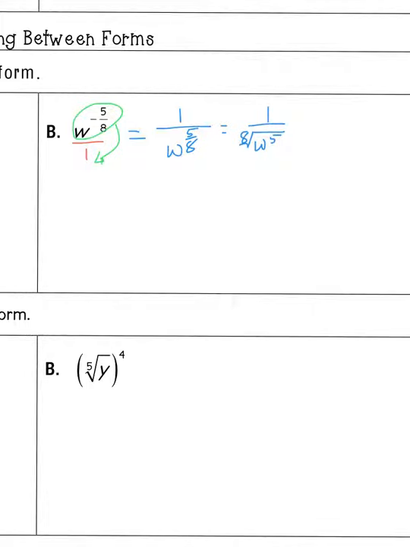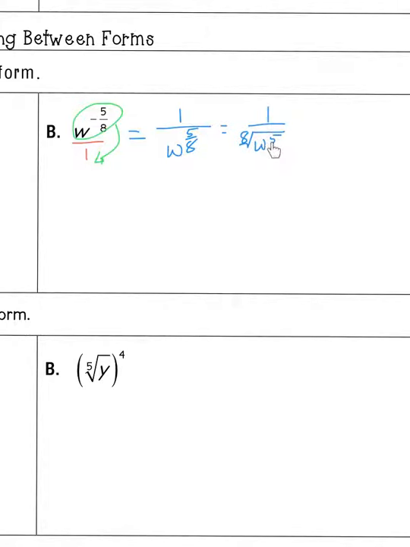However, the problem is, remember, we cannot have a radical in the denominator. Some of your answers, you may see it left like this because at some point they quit rationalizing the denominator. But if we were to rationalize this denominator, which is what I want you to do, I need to make a perfect 8th underneath here, and I only have 5 W's.